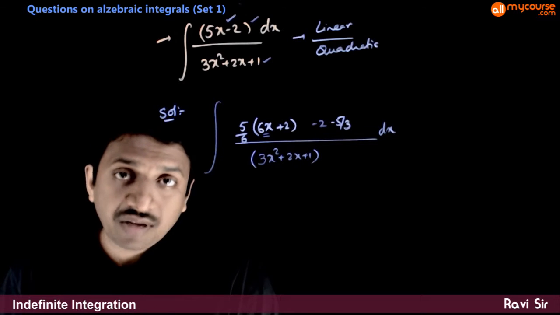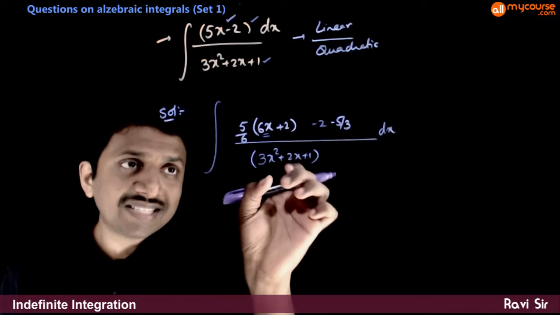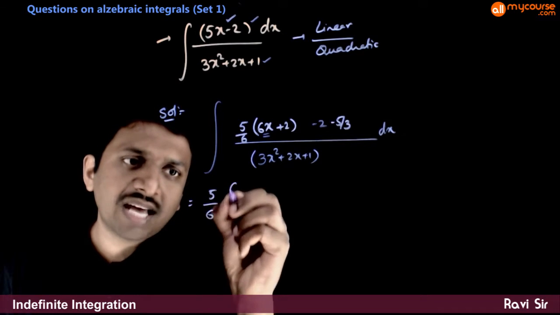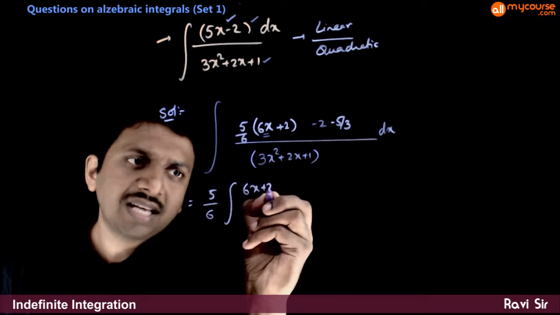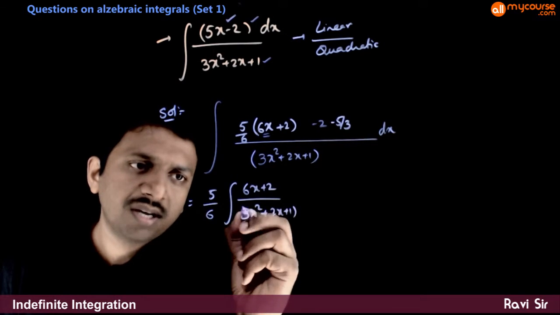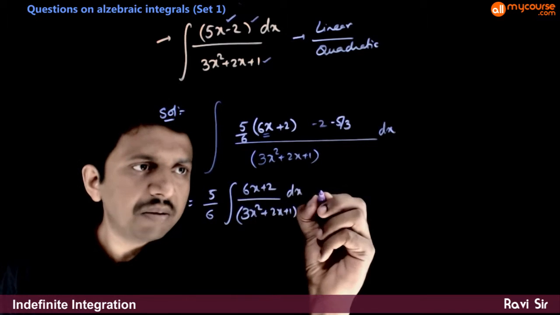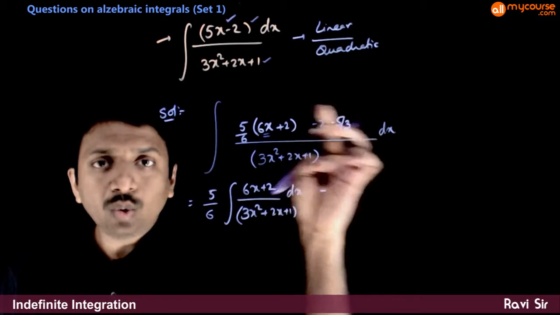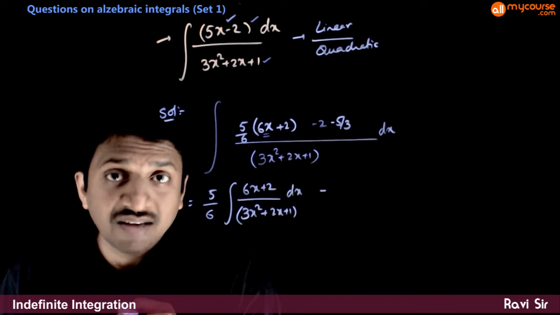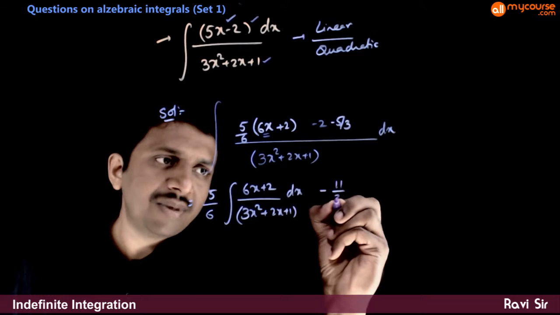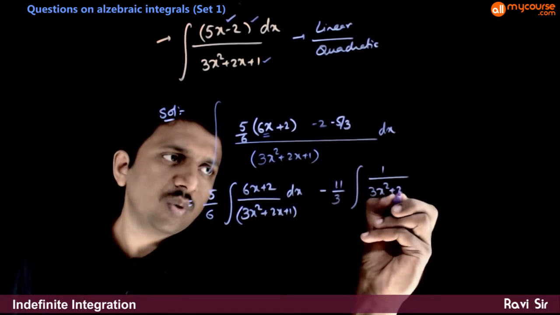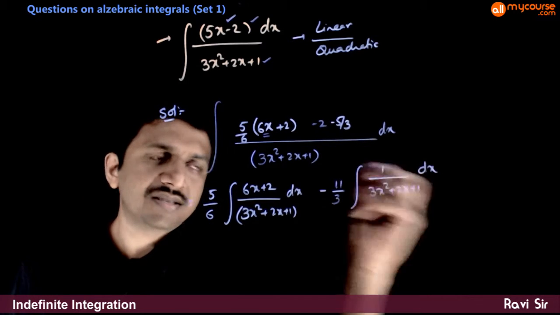So what is the advantage that we have got by doing this? Now I'll separate these two. This integral can be written as 5 by 6 times integral of (6x plus 2) by (3x square plus 2x plus 1) dx, minus, of 2 minus 5 by 3 is minus 6 minus 5, minus 11 by 3, a constant, times integration of 1 by (3x square plus 2x plus 1) dx.